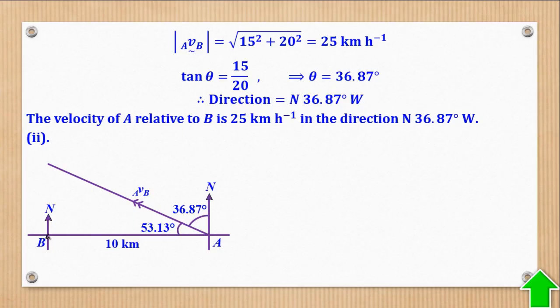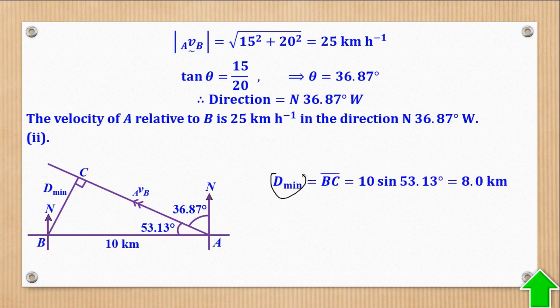Then at B, we shall drop a perpendicular to meet the relative path at point C. Therefore, distance BC is now our shortest distance. Therefore, shortest distance is BC, which is 10 sine 53.13 degrees, which gives you 8 kilometers. Remember, this is a right angle triangle, so sine is equal to opposite over hypotenuse.